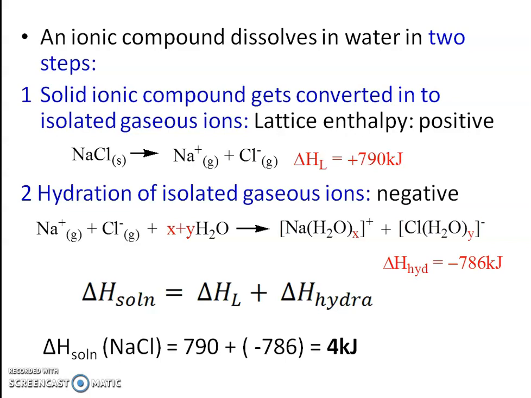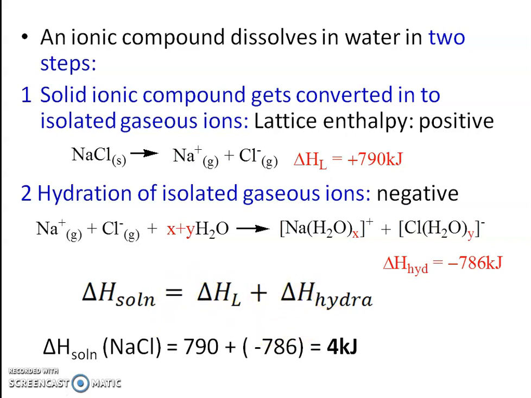And the enthalpy change that occurs for the preparation of an infinitely dilute solution is called the enthalpy of infinitely dilute solution. These are some other terms you must know, but the question will be asked on enthalpy of solution.